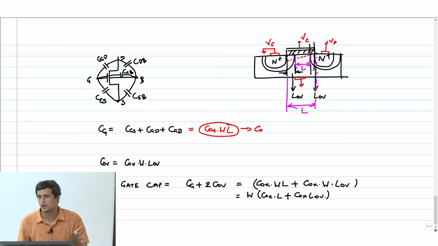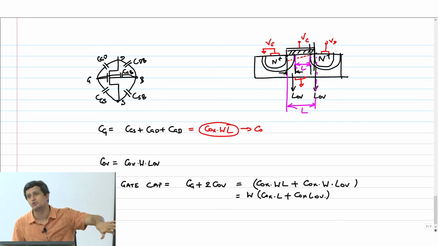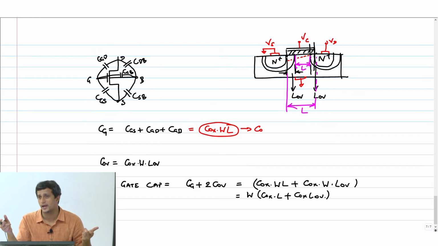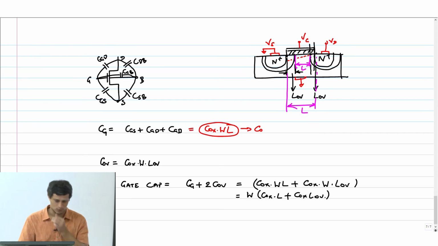And in the actual model, if you look at the model file that has been given, they do further calculations to reduce this L. You say L is so much, but internally that L will be reduced, and then that L will be plugged into the model for the current equation. Remember there is also a depletion region of this N and P junction, so it will further reduce. So all of that will happen.